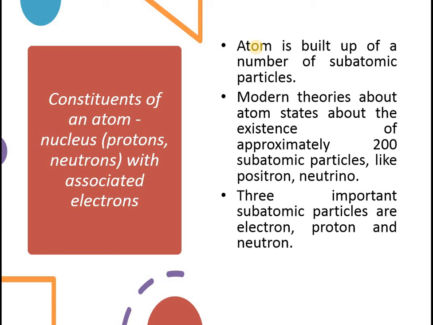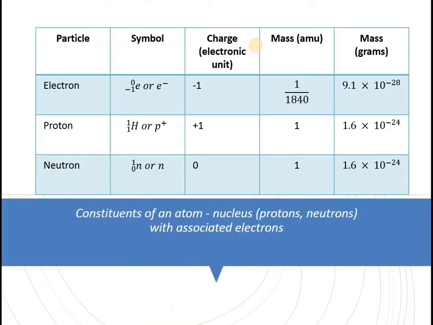Now electron was first discovered by J.J. Thomson. Goldstein, a German scientist, discovered proton, which is a positively charged particle of an atom, and James Chadwick discovered neutron. These electrons, protons and neutrons are called the fundamental particles of an atom, and they are the building blocks of all atoms of an element.